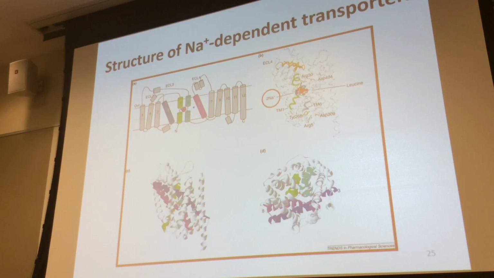So this is the proposed crystal structure of the dopamine transporter based on, as I said, the leucine transporter crystal structure from 10 years ago. In that model, they proposed that transmembrane domains 1 and 6 are key for ligand binding. And TM3 and 8 are also involved in ligand binding.